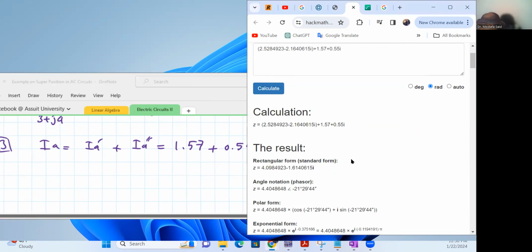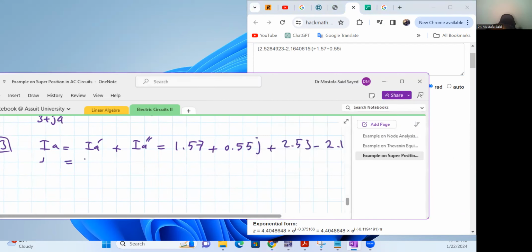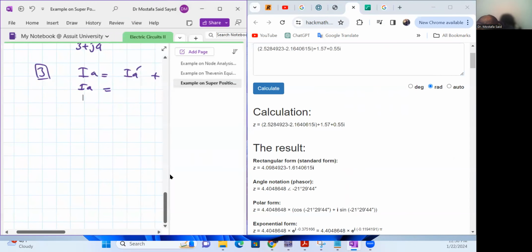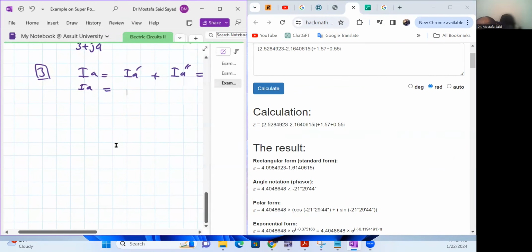So IA equals, what was it? Sorry for that. Okay, so it's 4.1 minus 1.6j, or in polar form, I'm sorry, 4.4 angle minus 21.